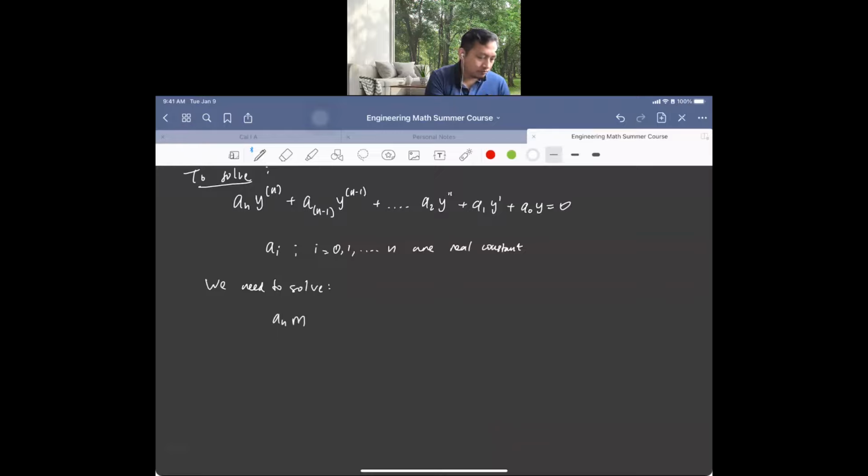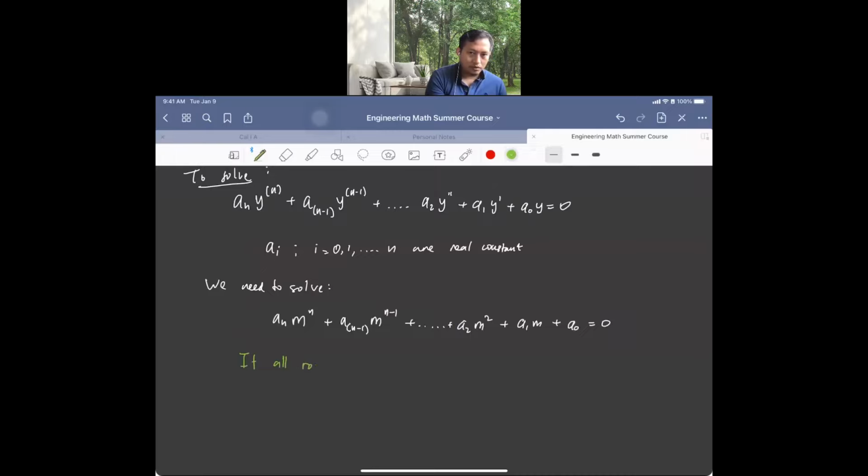So this becomes a_n m^n plus a_{n-1} m^{n-1} plus dot dot dot plus a_2 m squared plus a_1 m plus a_0. Practically this is the polynomial that we need to solve.